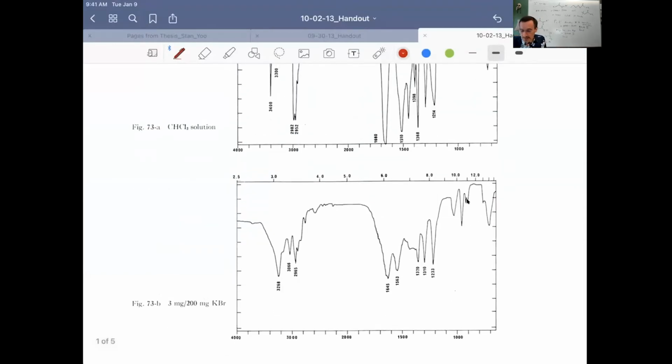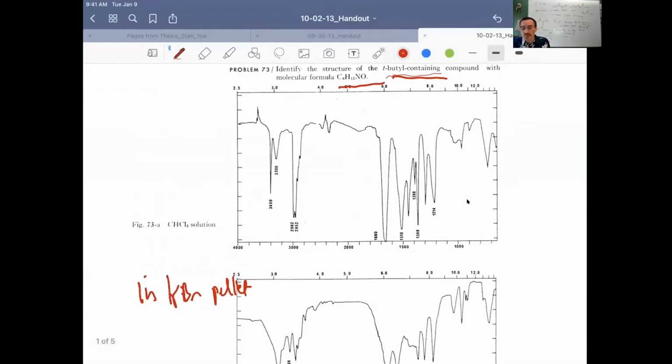So same compound in a KBr pellet. And so now we see a slightly different pattern. I told you these features are not carved in stone and they depend on context. So let me give you another reasonably useful piece of information. This solution is probably not too dilute.